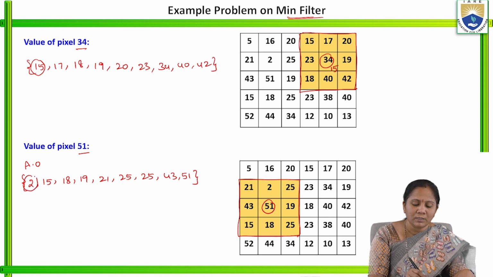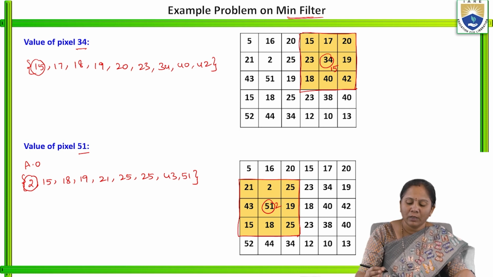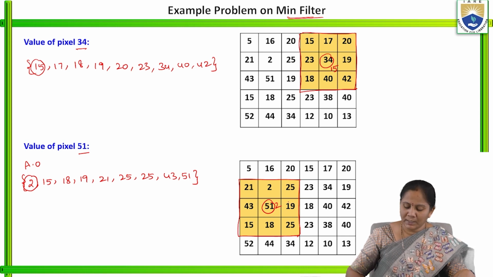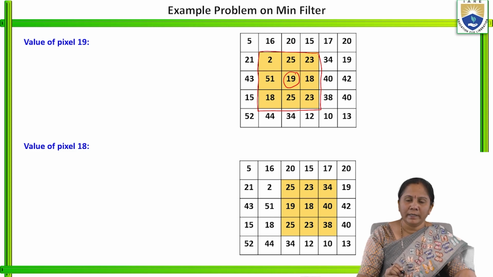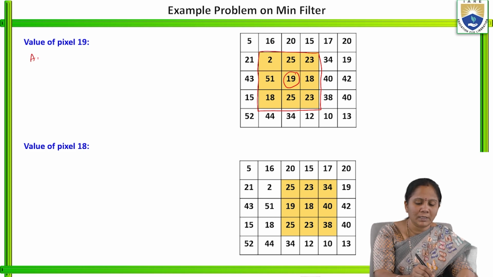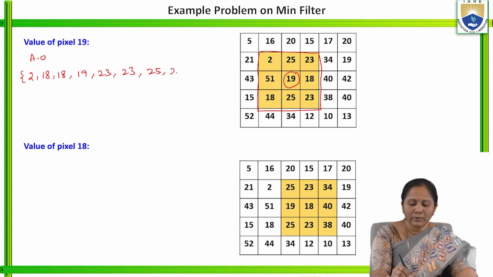Among all these, 2 is the minimum value which needs to be replaced here. Next, after shifting this mask, 19 becomes the center pixel and the image will look like this. Considering all the neighborhood values of that 19, arrange them in ascending order. We will get 2, 18, 18, 19, 23, 23, 25, 25, 51.